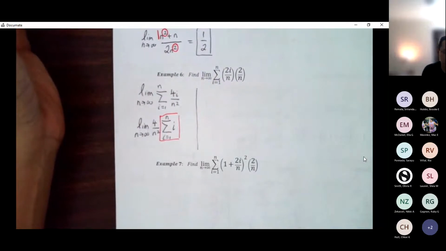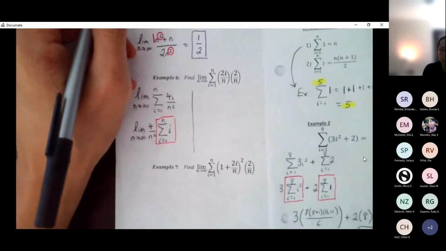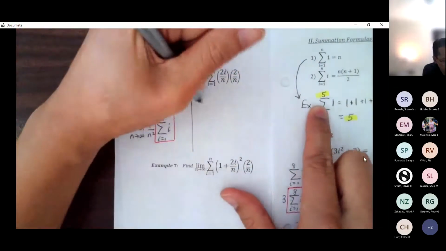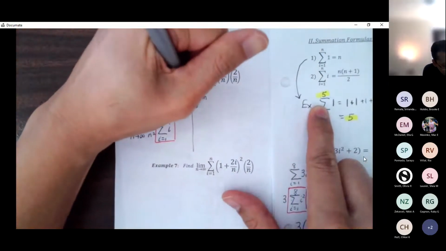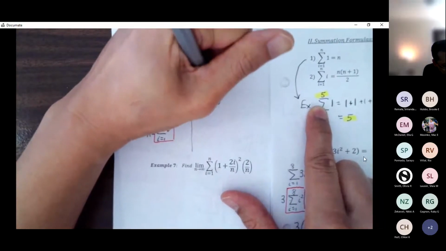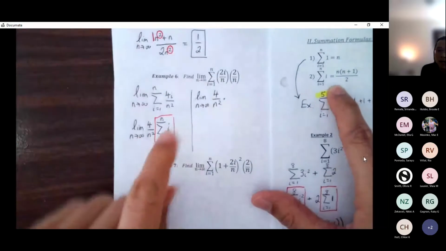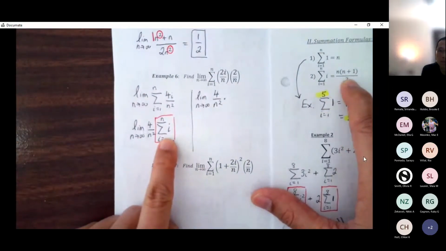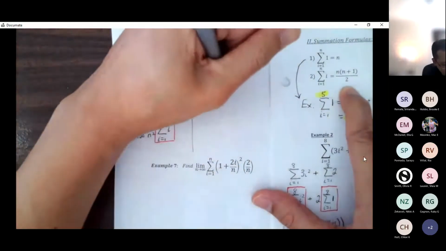So let's put that formula there. Summation i is just going to be n times n plus 1 over 2.